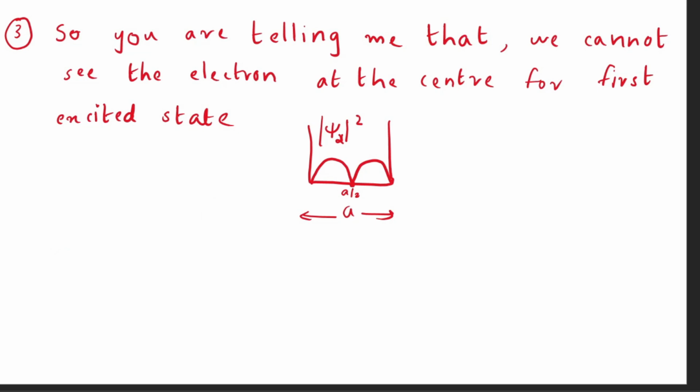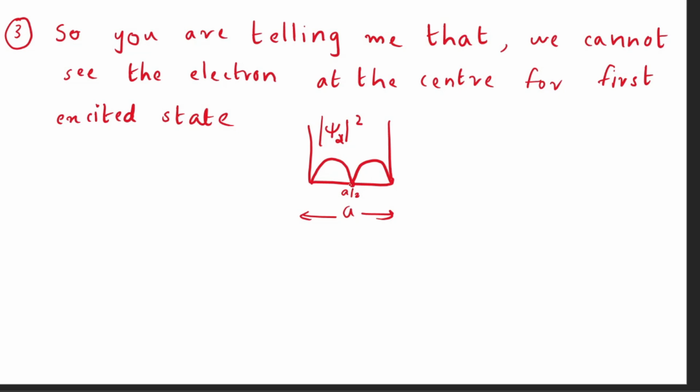This is a type of question that will be asked to you to confuse you. This question was asked to my friend. She got confused and said that she didn't know the answer. But if you think calmly, you will understand that if the probability is 0, then it means we cannot see the electron. Mathematically, the probability curve looks like this.